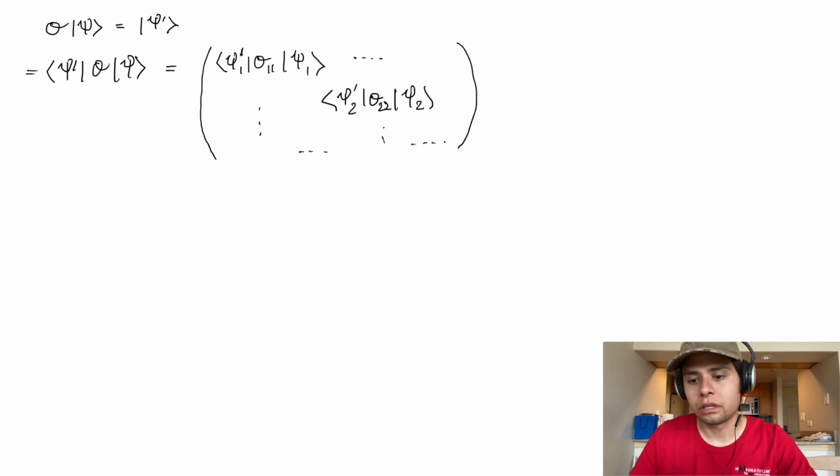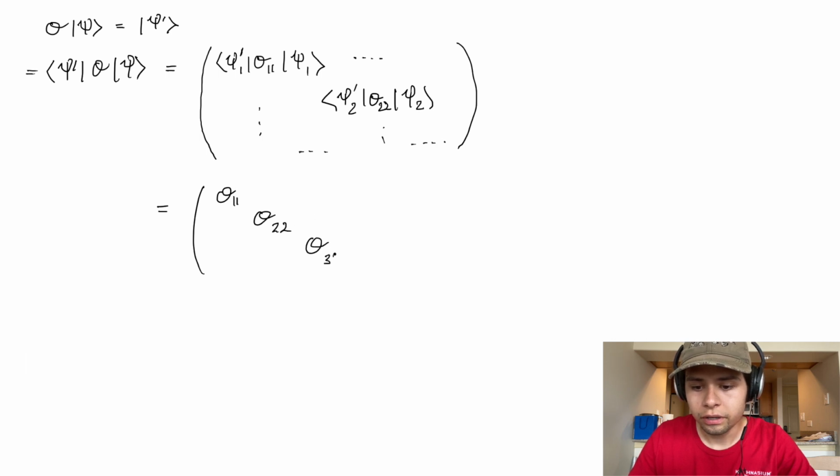Okay, so the diagonals are all gonna have the same indices on them, and so what we could say is that if we want to get rid of a little bit of clutter here, this thing is 1, 1, 2, 2, 3, 3, for example, and then this operator here would be 1, 2.